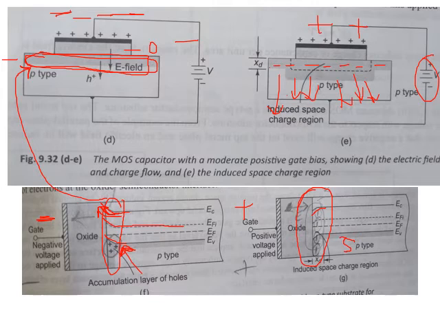Near the junction of oxide and semiconductor, the band is bending because the number of holes is decreased. Why? Because there is repulsive force due to this positive supply, and hence it is written here. What is written at the gate? Positive voltage applied. Understood?